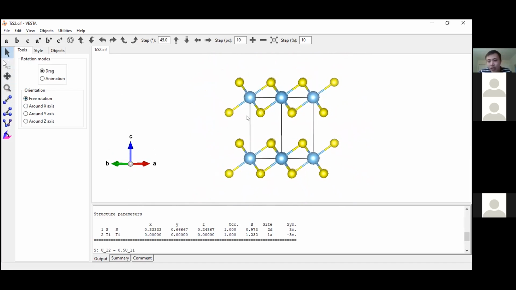I'm not sure if you can tell the stacking sequence of the sulfur, but in fact, this is HCP, the hexagonal close packing system, because you see this is A, this is A, this is B, and then we move back to A, right? We see this pattern is the same as this pattern. This is basically the HCP packing. In HCP, it's always A, B, A, B, A, B, right?